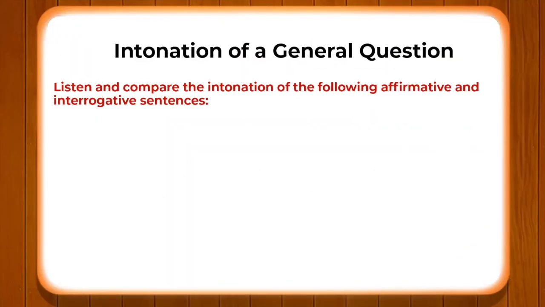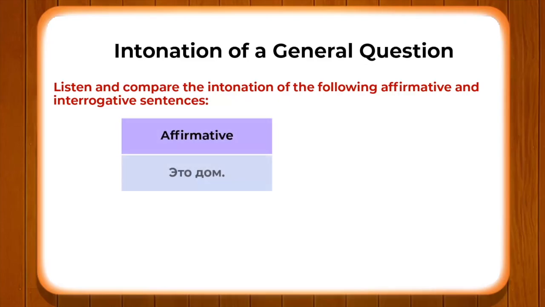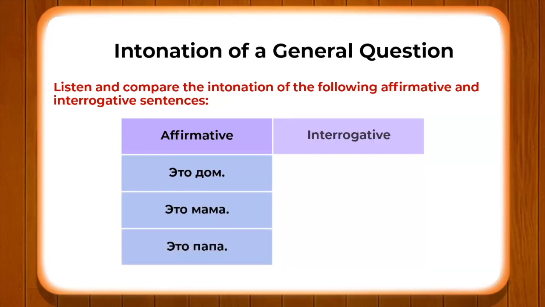Now, in Russian grammar or phonetics, we have two separate styles of asking and answering. They are sometimes differentiated as affirmative and interrogative. Affirmative is simple sentences like "eta dom," "eta mama," "eta papa," etc., whereas interrogative precisely means that you are asking a question.